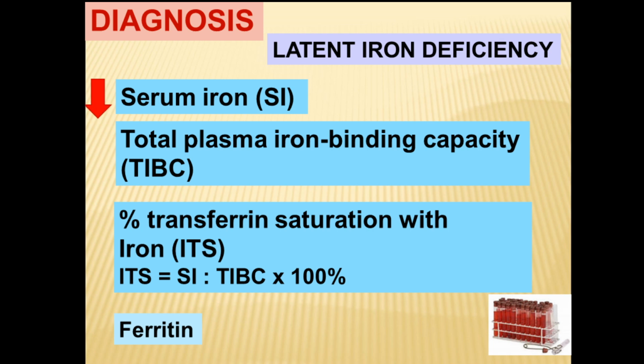All these indices decrease except total plasma iron binding capacity, which increases to compensate iron deficiency. The main indices which help reveal latent iron deficiency are determination of serum iron, total plasma iron binding capacity, and ferritin.